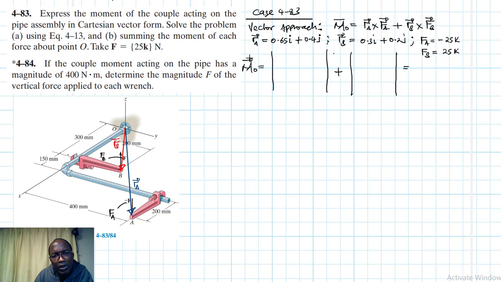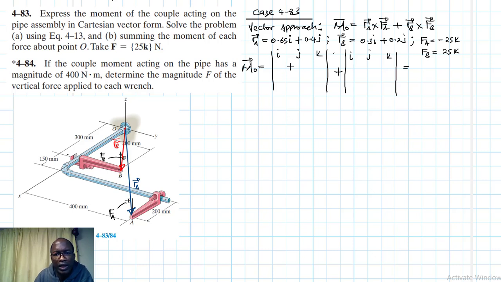So vector moment about point O, we have i, j, k for each. Okay, so let's plug in.